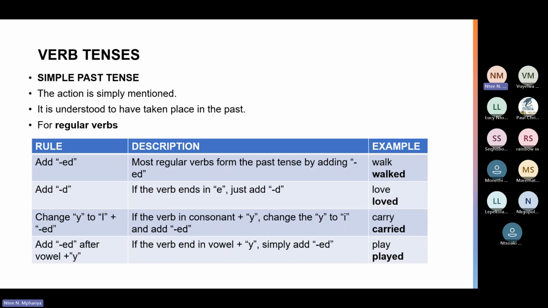Remember, we said walk, it will end with suffix ed, so it becomes walked. Love, because it ends with an e, will just add suffix d and it will become loved.